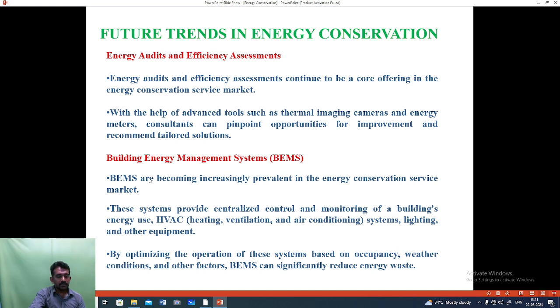These systems provide centralized control and monitoring of building energy use, especially in HVAC systems, lighting systems, and any other equipment in demand for energy conservation. By optimizing the operation of these systems based on occupancy, weather conditions and other factors, BEMS plays a significant role in reducing energy waste.